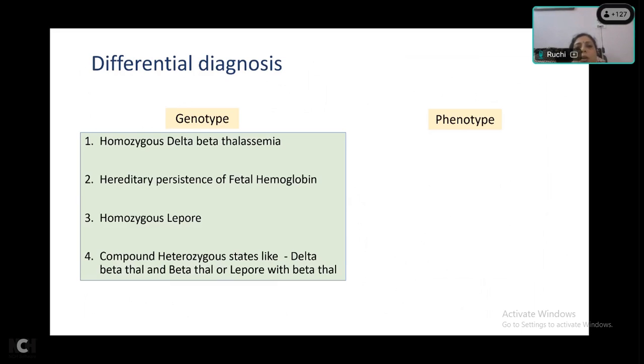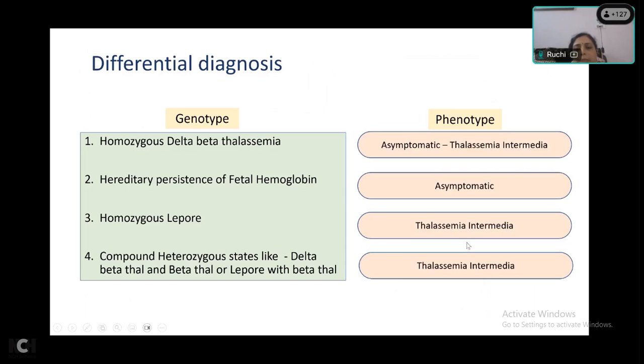So clinically, how does homozygous delta beta thal present? Anybody? I think this will become slightly difficult for the audience which we have over here. So basically, a homozygous delta beta thal comes as asymptomatic to a picture like thalassemia intermedia, if there is stress then he has some degree of anemia. HPFH patients will be asymptomatic again. They will not come to you for a workup as a case of anemia, because in HPFH fetal hemoglobin is a very protective hemoglobin.